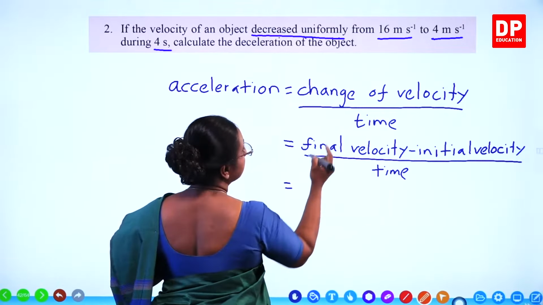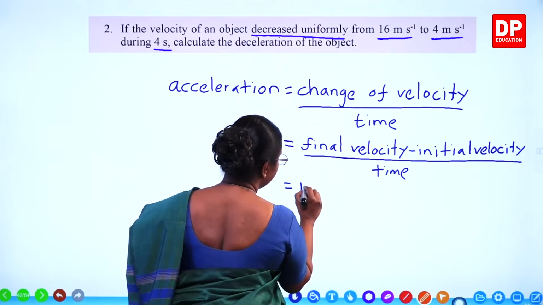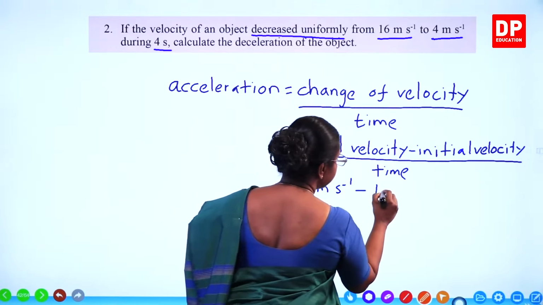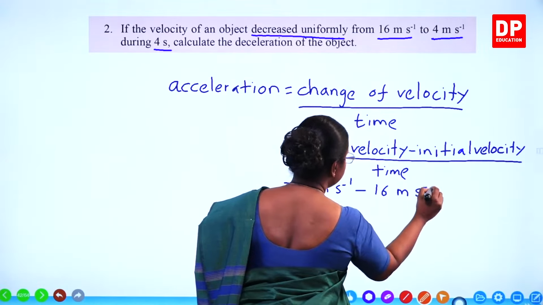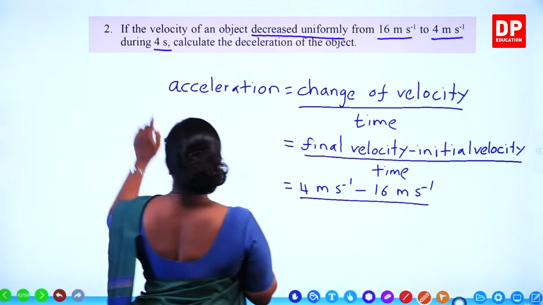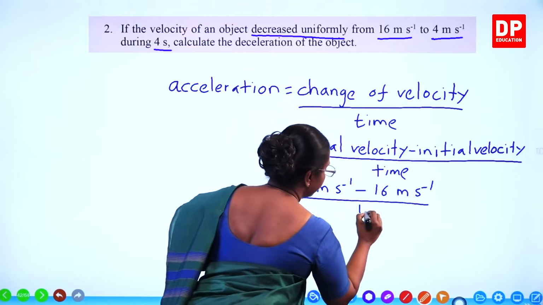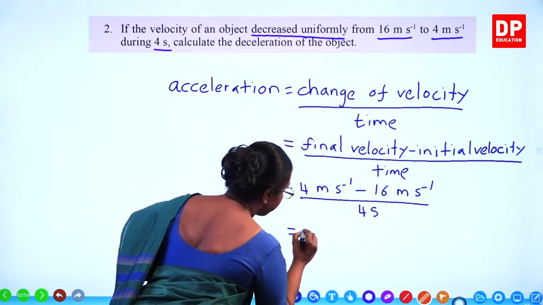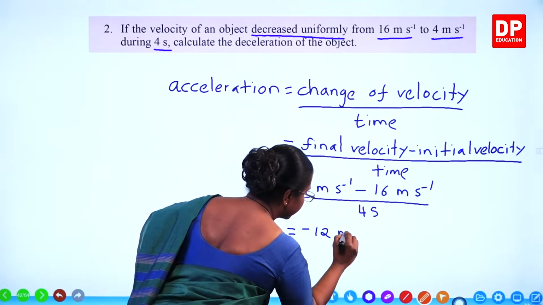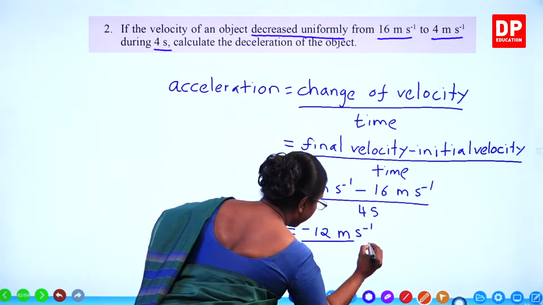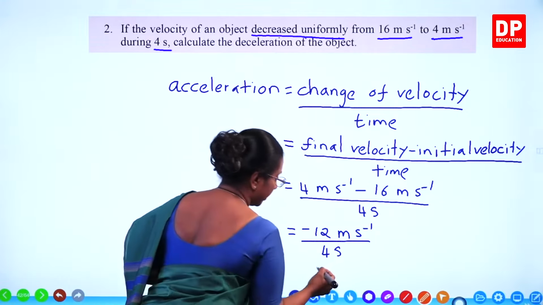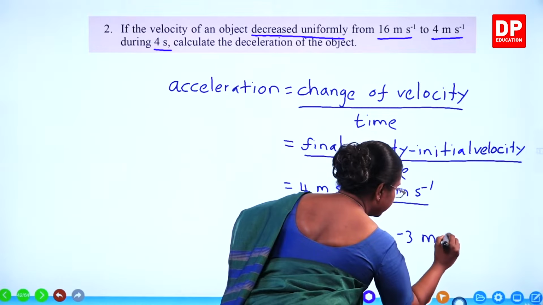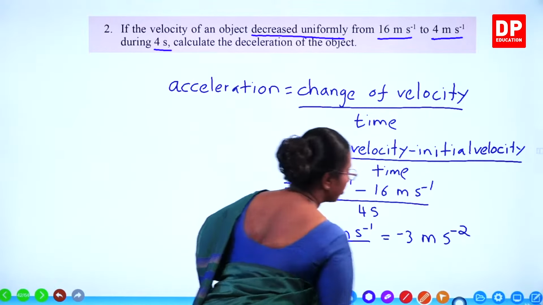So here final is 4 meters per second, initial is 16 meters per second, and the time duration is given to you, 4 seconds. You will get the value as minus 12 meters per second divided by 4 seconds. That will be minus 3 meters per second square.